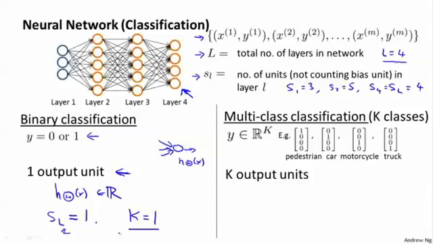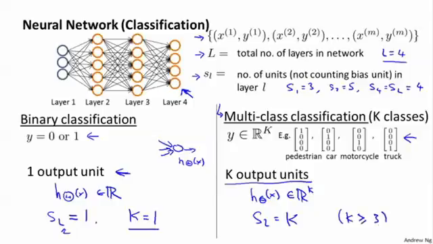The second type of classification problem we'll consider is the multi-class classification problem, where we may have K distinct classes. So our early example had this representation for y if we had 4 classes, and in this case we would have capital K output units, our hypothesis will output vectors that are K-dimensional, and the number of output units will be equal to K. Usually we would have K greater than or equal to 3 in this case, because if we had 2 classes, then we don't need to use the one-versus-all method.